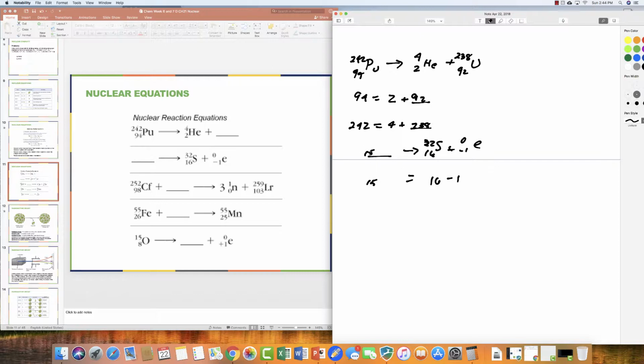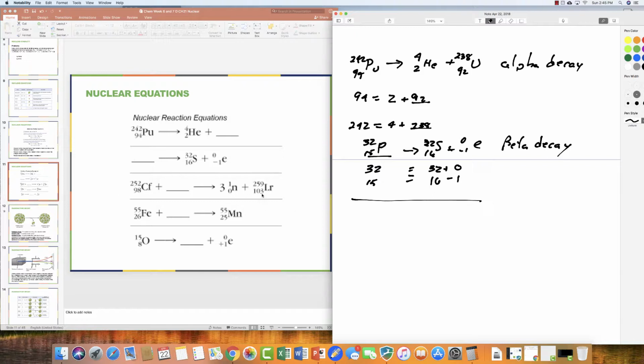So the atomic number here is 15, and if you look on the periodic table, you'll see that that's phosphorus. 0 plus 32 is equal to whatever's over here, and that's going to have to equal 32. So it's phosphorus-32 breaks down to form sulfur-32 plus a beta particle. This is called alpha decay when something breaks down to form an alpha particle. And this is called beta decay, when something breaks down to form a beta particle.